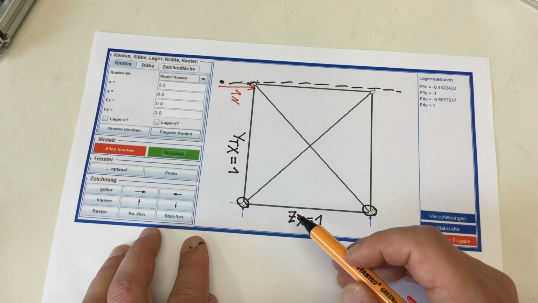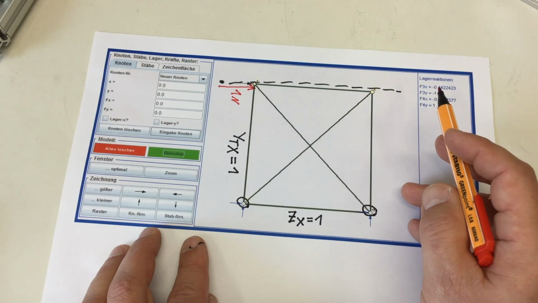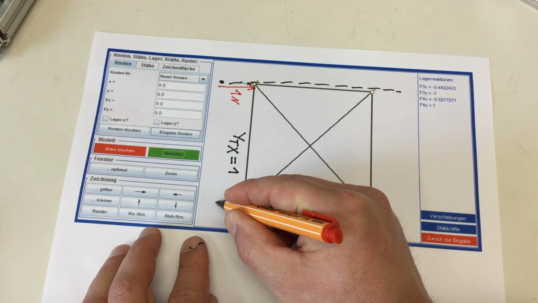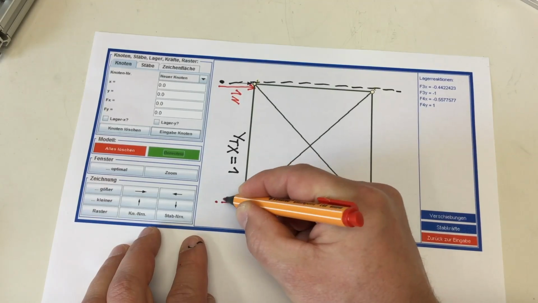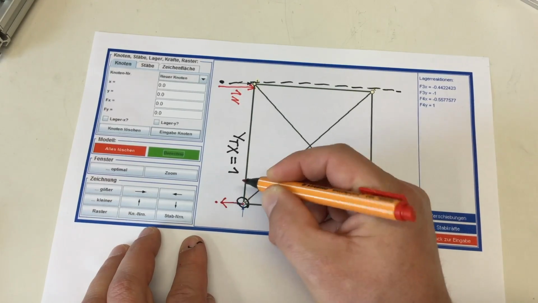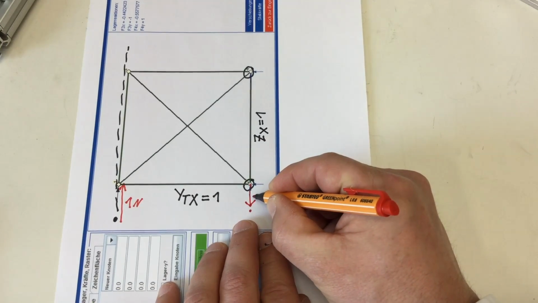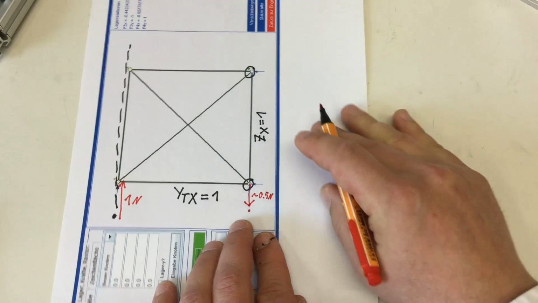So for the z-axis, it's 0.44. So basically the reaction is about half, approximately 0.5 newtons.